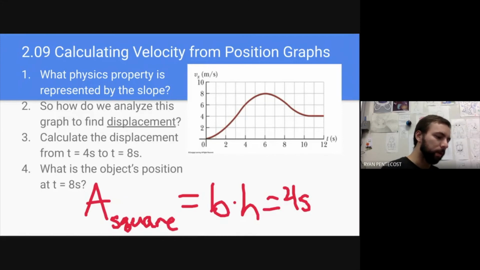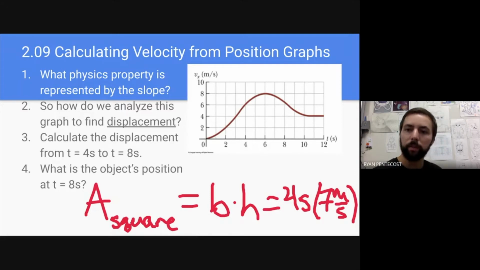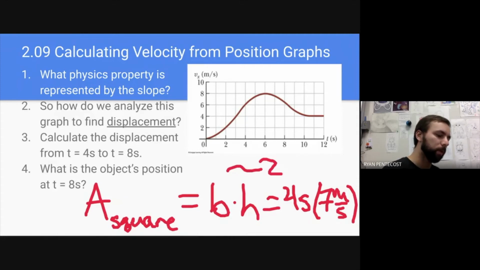Then we multiply that by the rise, or by the height of the square, and the height is 7 meters per second, right? So if we multiply those, the seconds will cancel. That gives us just meters, which is the unit of displacement. 4 times 7, that means that the area of this square will be approximately 28 meters.